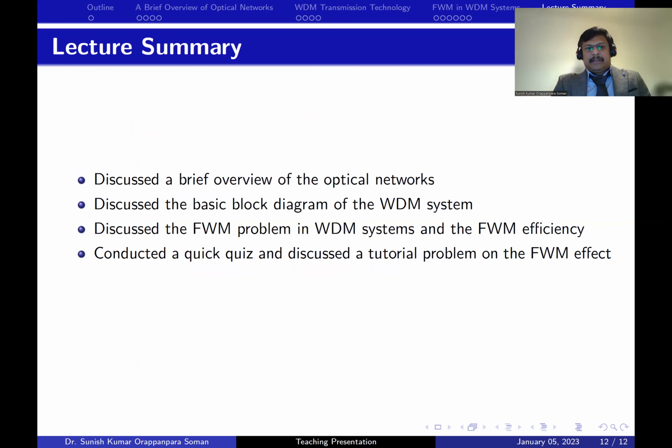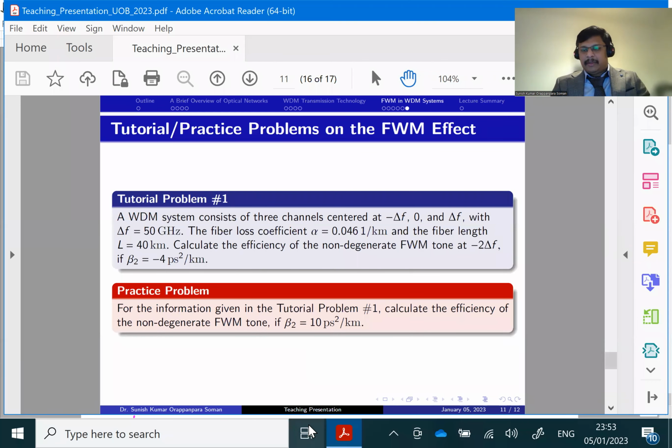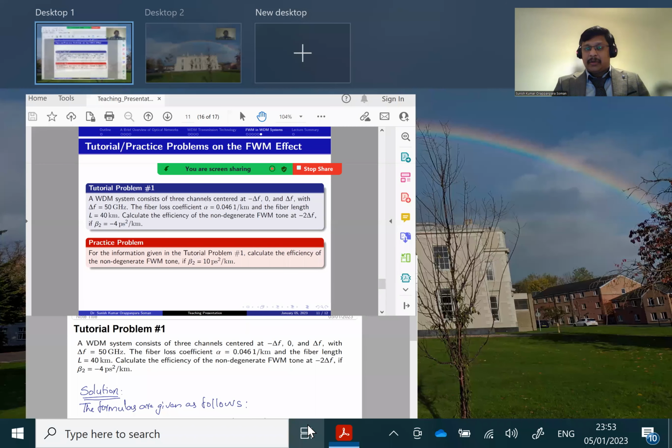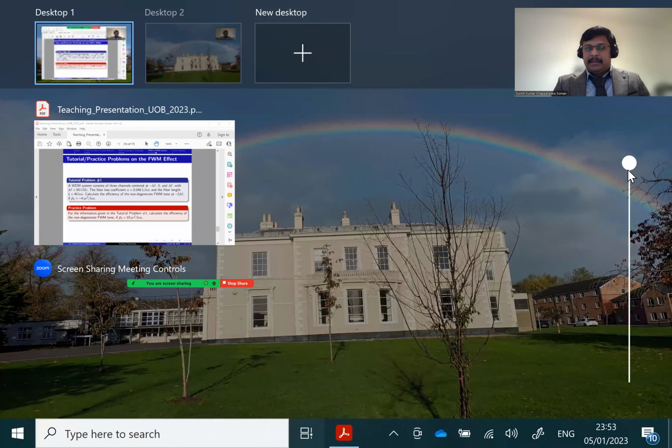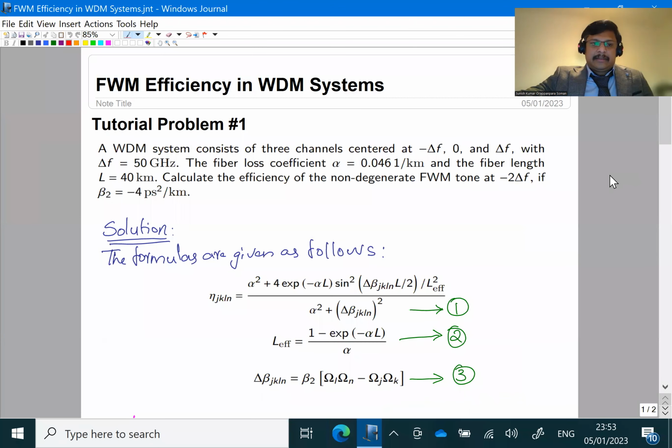So next we try to solve a tutorial problem on the four-wave mixing efficiency. By solving this problem, you will get a stronger understanding of the four-wave mixing efficiency in a WDM system. So here the problem is like this. We have a WDM system consisting of 3 channels centered at minus delta F, 0 and delta F, with the spacing given as 50 gigahertz.